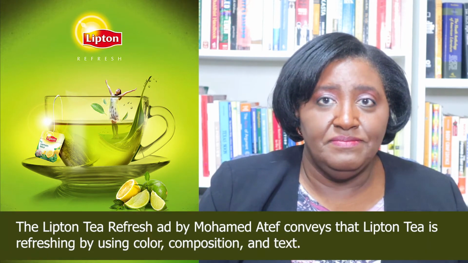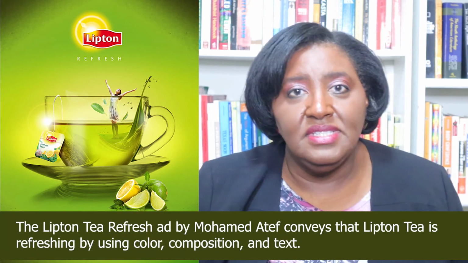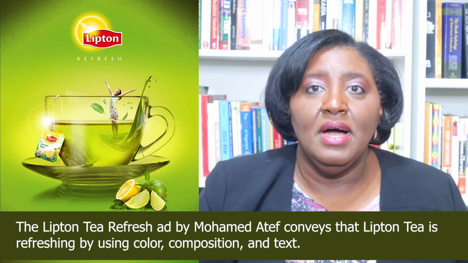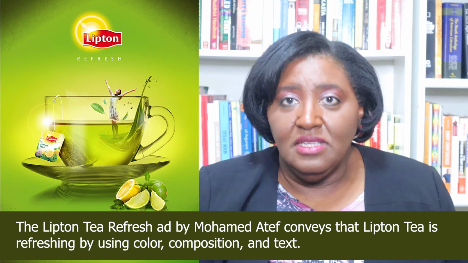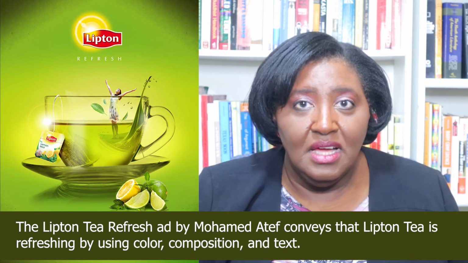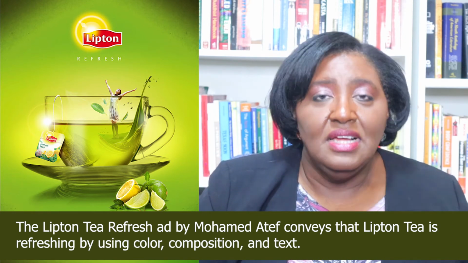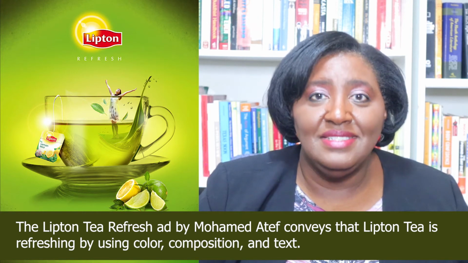Okay, so now I can make my thesis statement. The Lipton Tea Refresh ad by Mohammed Atef conveys that Lipton tea is refreshing by using color, composition, and text. Now that I have my thesis statement, I can go to step 4.